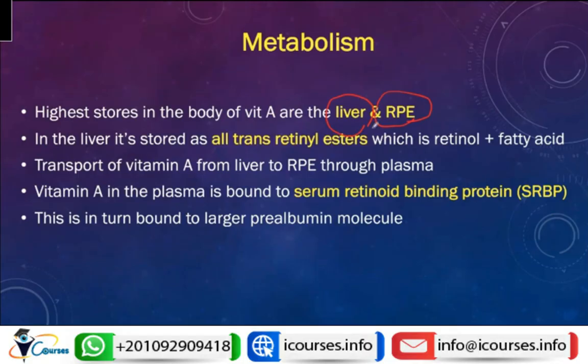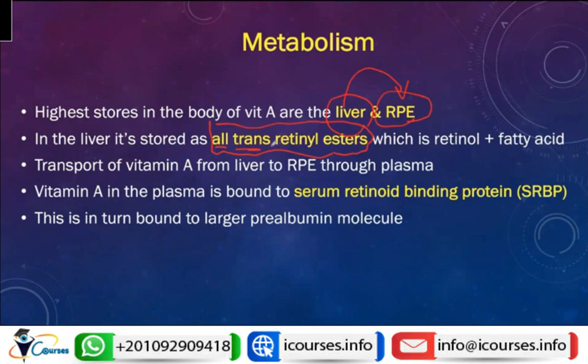So the liver will be the main site for storage, and vitamin A will be transferred from the liver to the RPE. In the liver, it is stored as a specific form called all-trans retinyl esters. All-trans is just a name for the position of certain molecules attached to the vitamin A molecule itself, so it is just a chemical formulation.